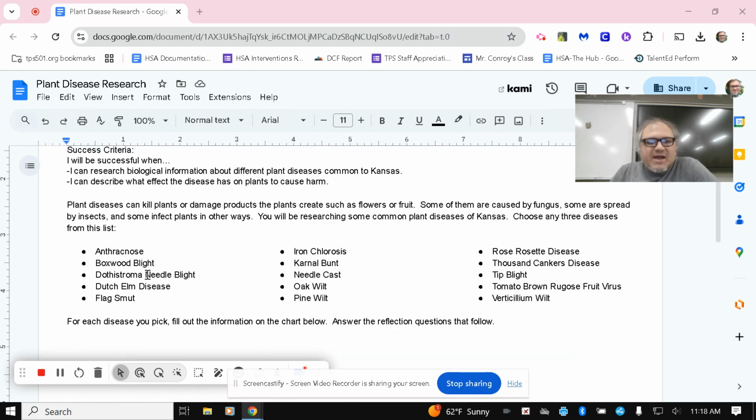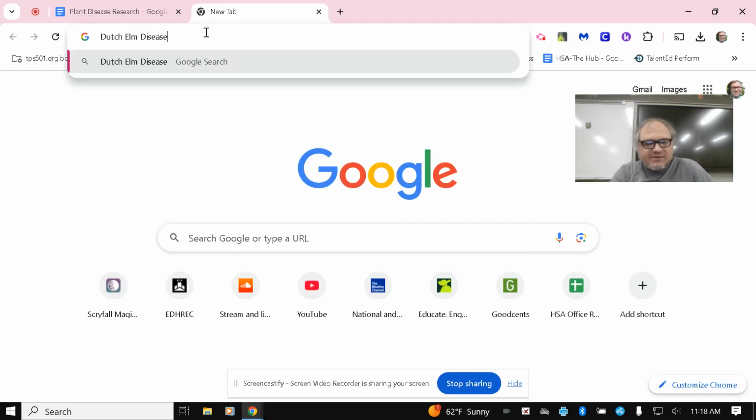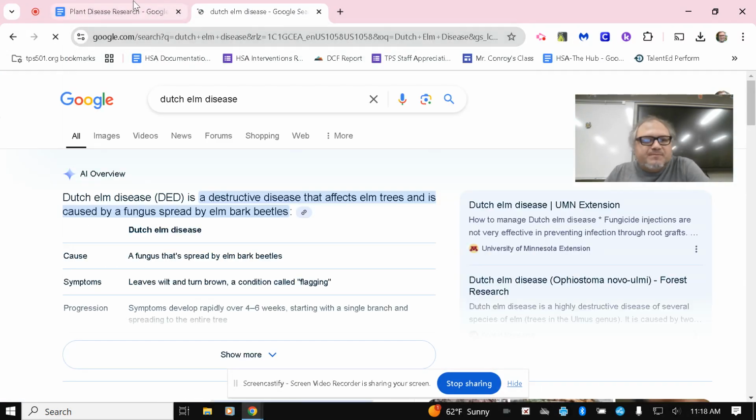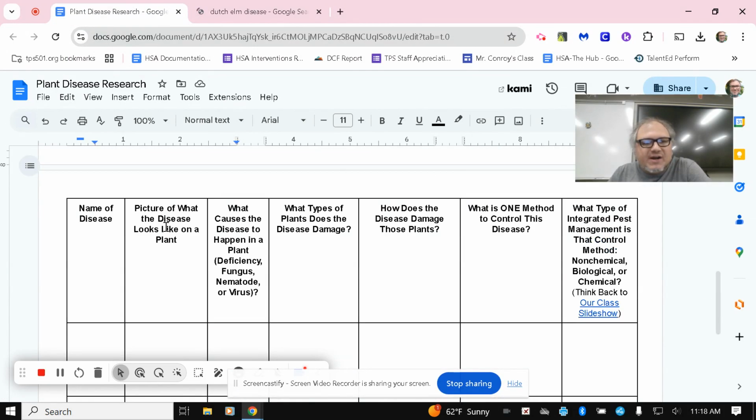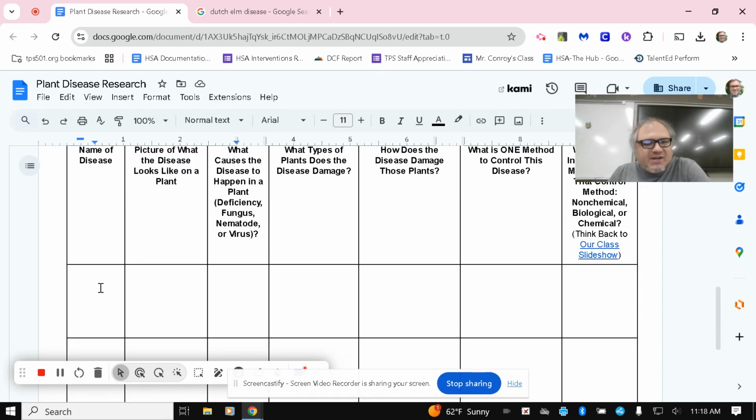So let's go ahead and pull one example here. Let's pull Dutch elm disease. I'm going to copy that and paste it in here for a search. So let's look for what information we're trying to find. The name of the disease, which again, the name that's listed in the list that you select from is fine. I want a picture of what the disease looks like on the plant.